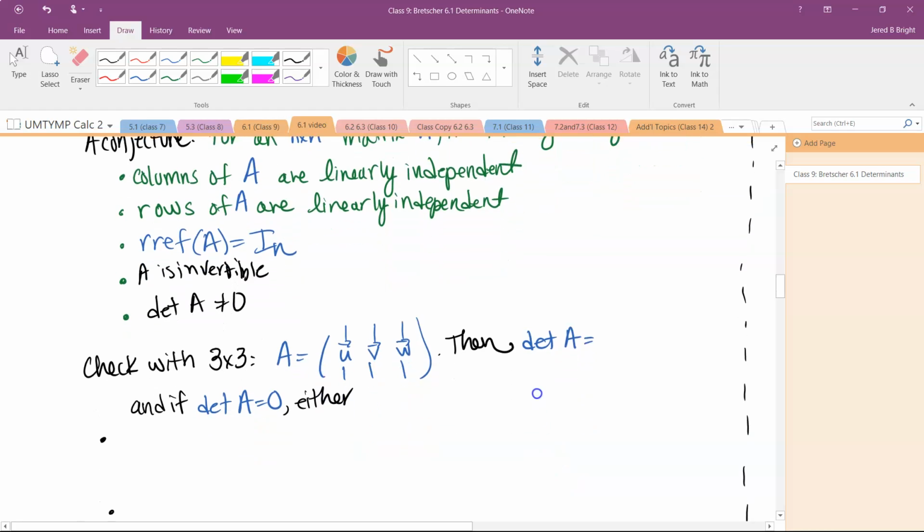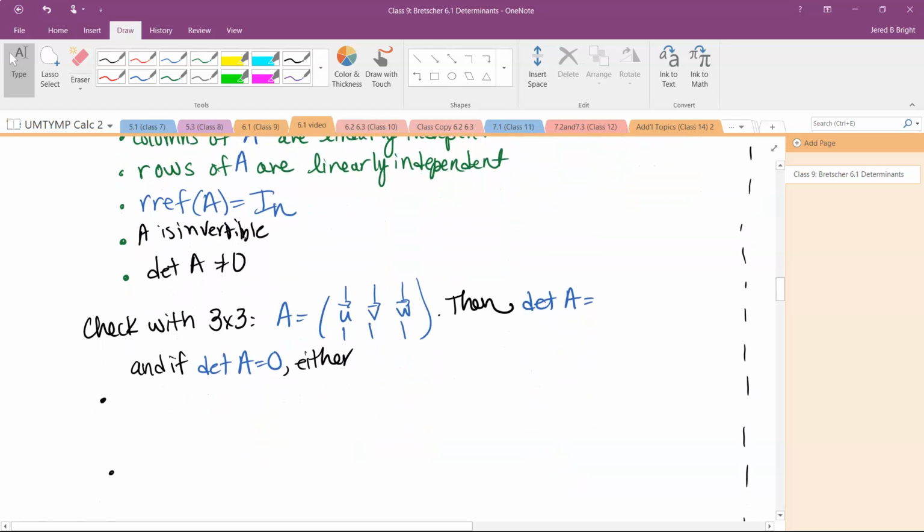Okay, we can certainly check this for a 3 by 3 matrix, so we let the matrix be U, V, W. This formula for the determinant was from a long time ago, way back when we were still in the first book for calculus, in that chapter 12 or whatever on vectors.